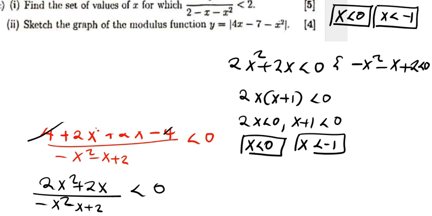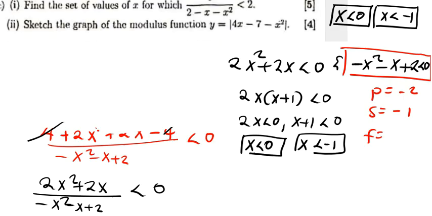So this is the quadratic inequality we are trying to solve. The product, negative 1 times 2, is negative 2, the sum is negative 1, so the factors should be negative 2 and plus 1.